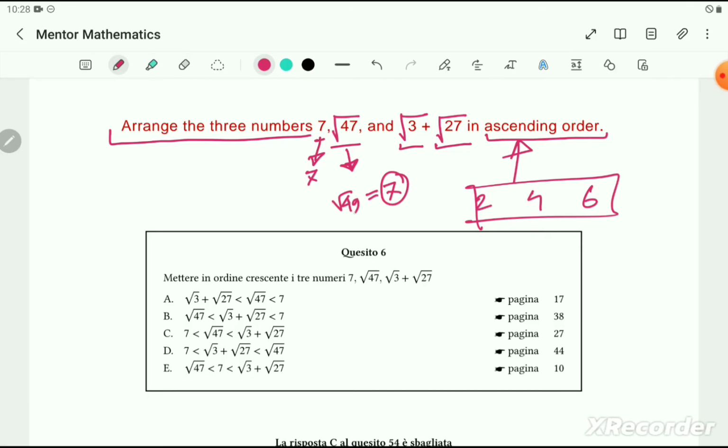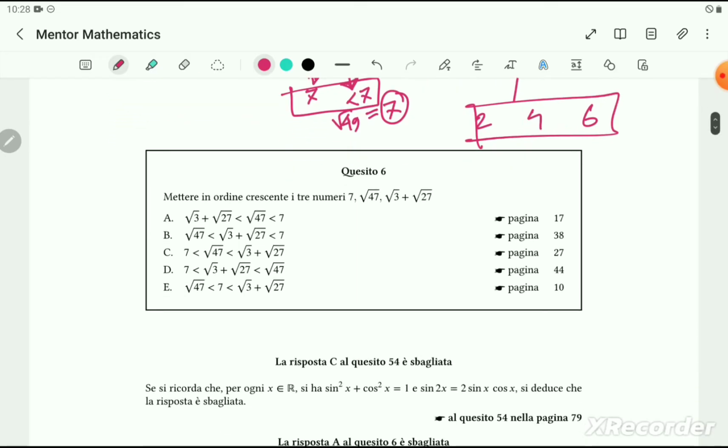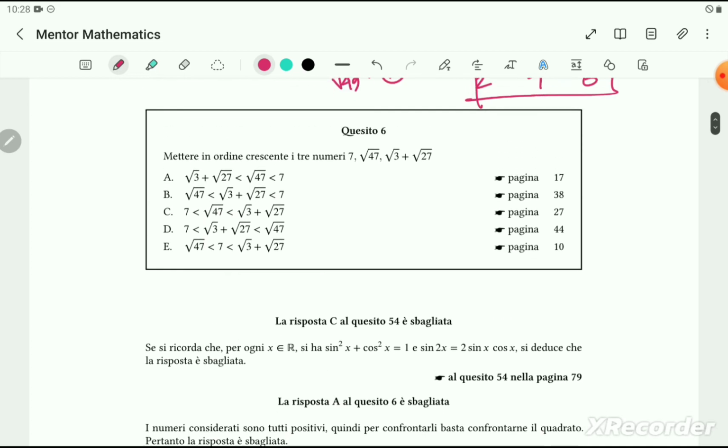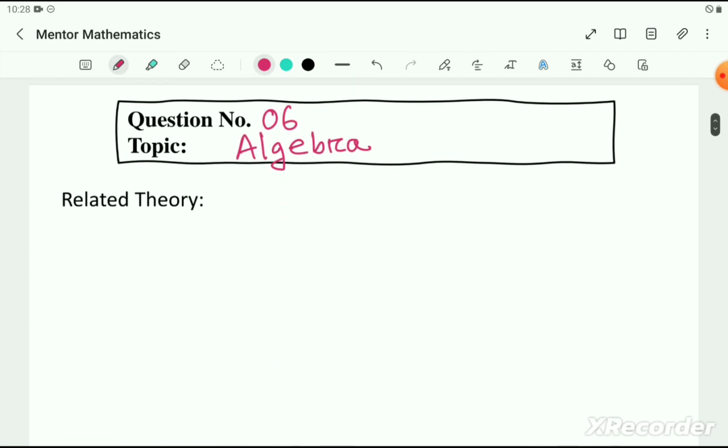So here 47 is less than 49, therefore it is less than 7. If we compare these two, then we can simply say that 7 is greater than root over 47. How about this one? We don't know. Let's do it. In this kind of problem, we can solve like this. Like this is our 3 values.